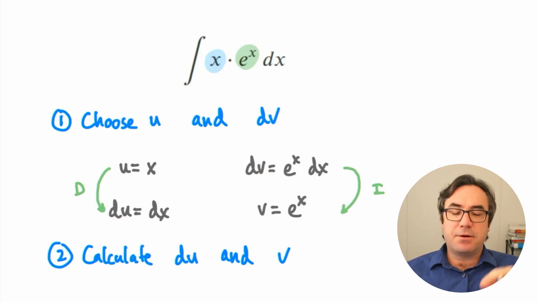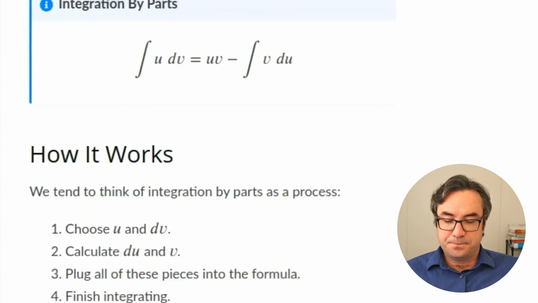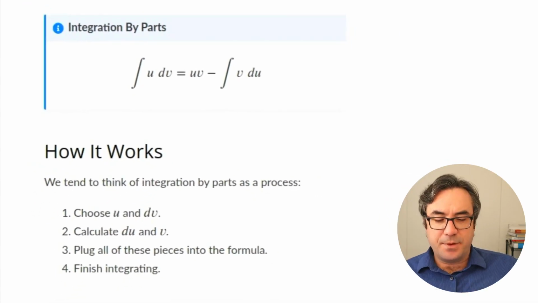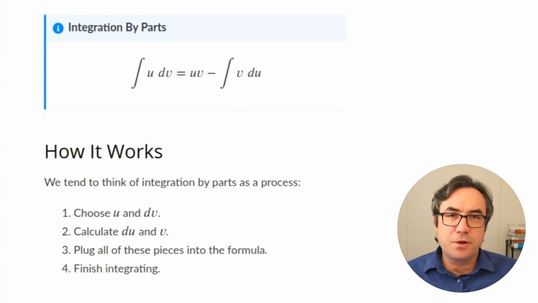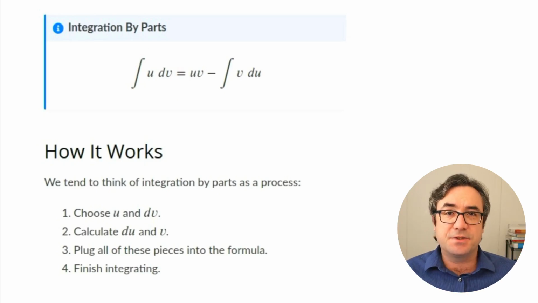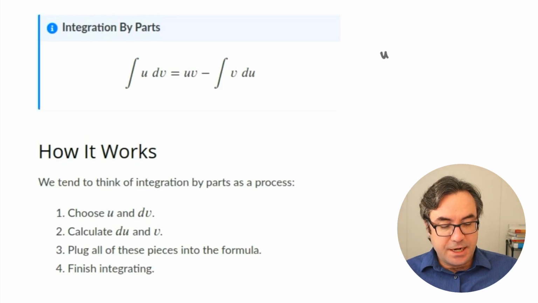So let's go back now to the formula and see how this thing works. So here's our main formula here. So the integral that we're starting with, the integral of u dv, that's the complicated one that we're trying to figure out. So let's keep track of all this.